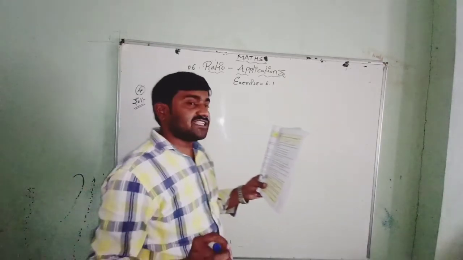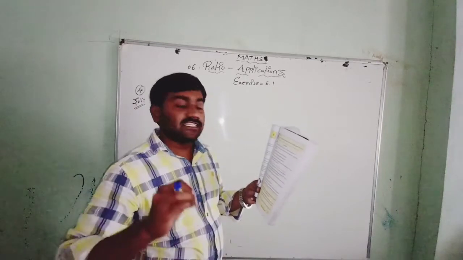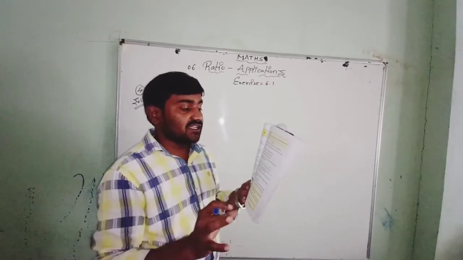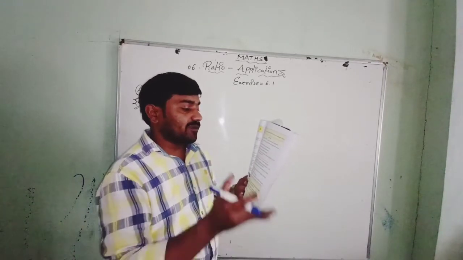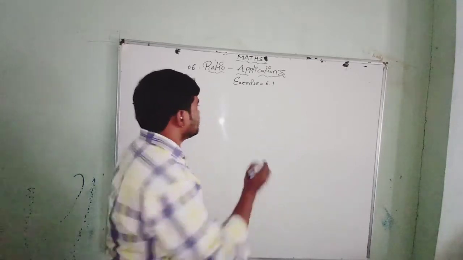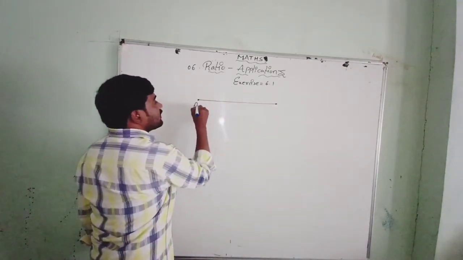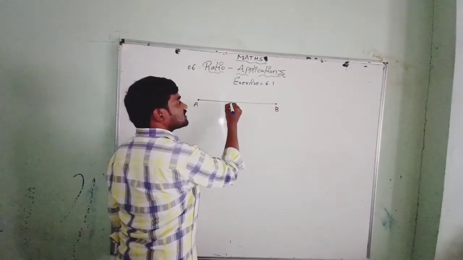The length of a line segment AB equals 38 centimeters. A point X divides this in the ratio 9:10. Find the length of the line segments AX and XB. There is one line segment AB, with two end points, and there is a point X here.